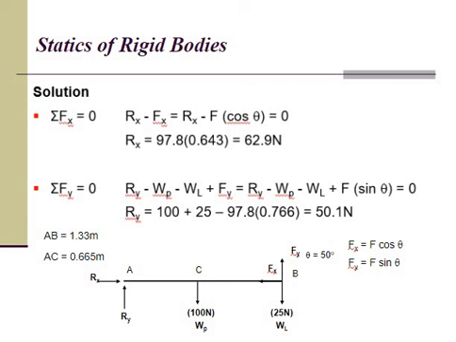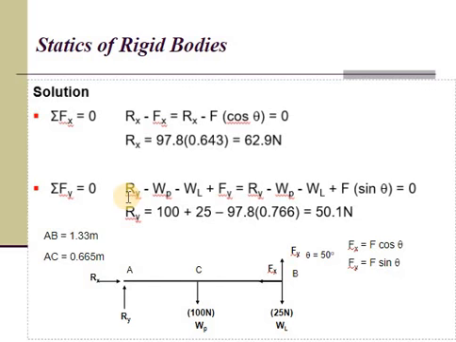Similarly, we will get sigma forces in the y direction and set it equal to 0. What do we have at point A? We have Ry upwards, so we'll give it a positive sign. At point C, we have the weight of the pole downward, so negative sign. At point B, we have the weight of the lamp, 25, and we'll give it a negative sign. And we have Fy, positive sign, and we know that it's equal to F sine theta.